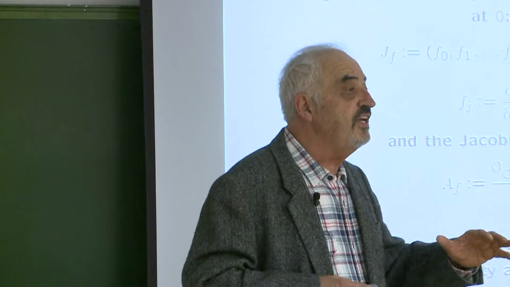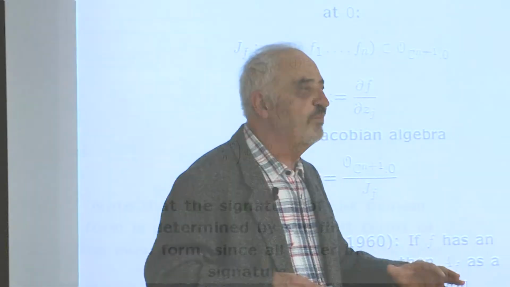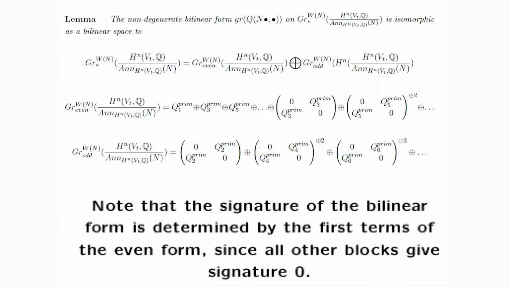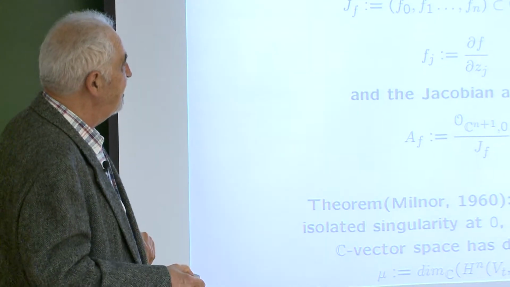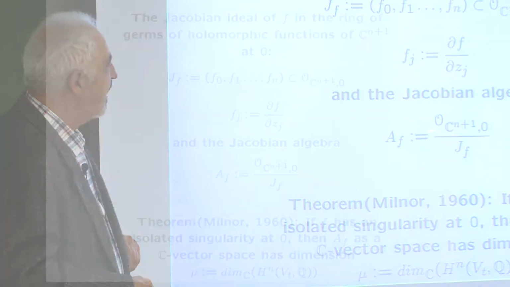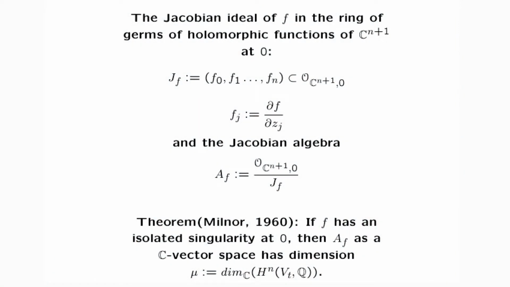Now I'm going to change things, talk about something else, which looks very similar, and then in the end, show the connection between the two. Okay? So the algebra associated to F. We take now the Jacobian ideal of F in the ring of germs of holomorphic functions. So this is an ideal, and the Jacobian algebra is the ring of functions divided by the Jacobian ideal.